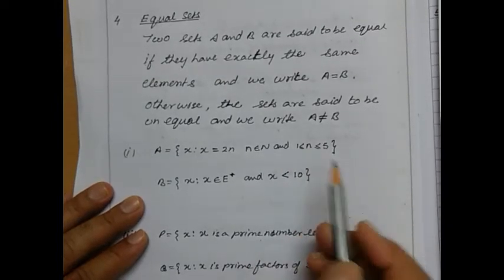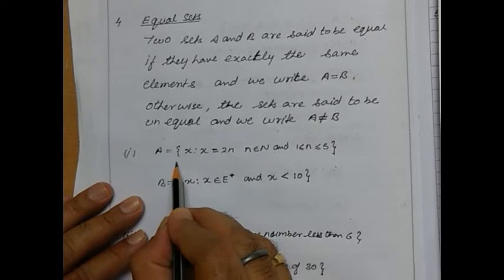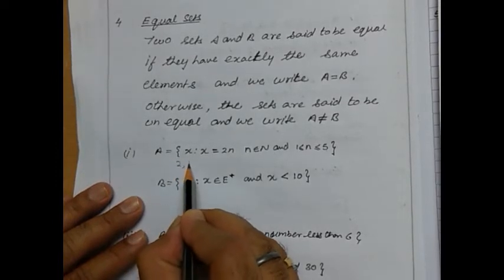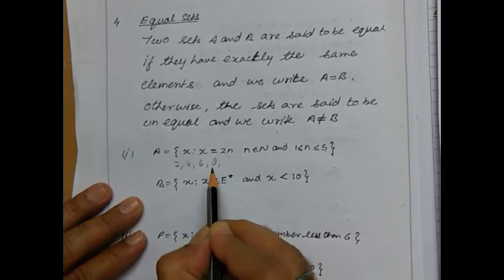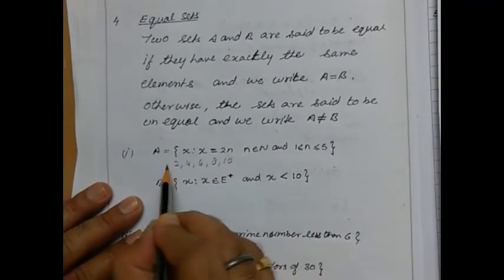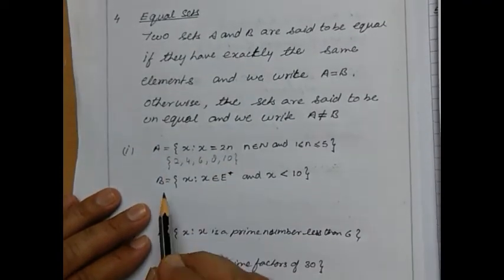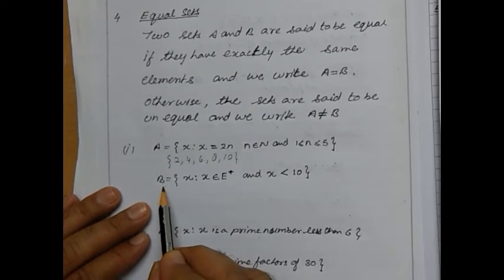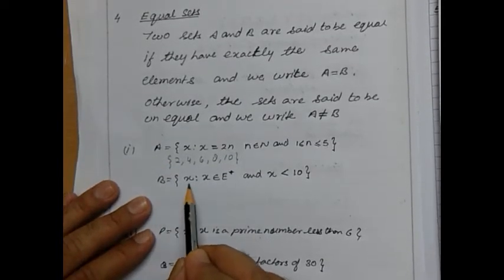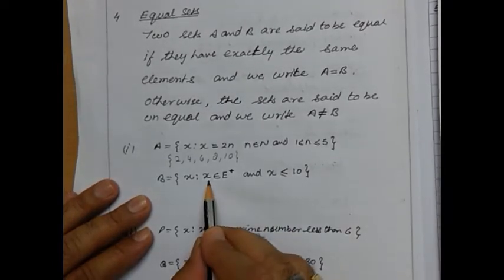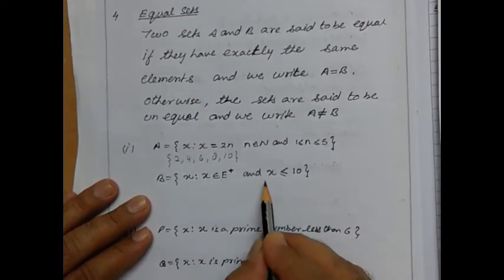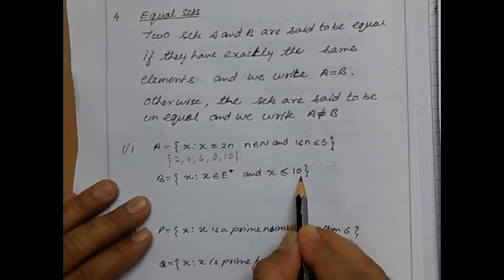So when we put in n, we will write it down, that is 2, 4, 6, 8 and 10. These are the elements. Now we analyze this one. B is equal to x such that x belongs to even number and x is less than or equal to 10.